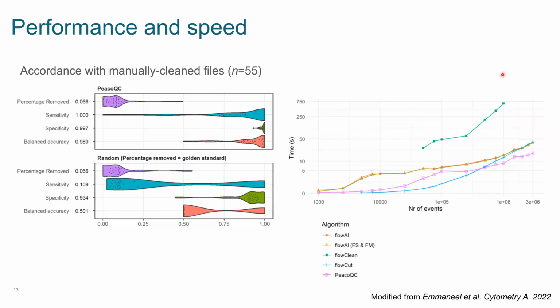Somebody asked earlier about computational speed, how much RAM do you need? But at the end of the day, if a file has millions and millions of events and you want to clean all of it, you could really expect some of these tools to run for several minutes on that file alone. But if you're dealing with something like Peacock, you can see that it does have an advantage in the area of large files, where some of the other tools might fall a little short.